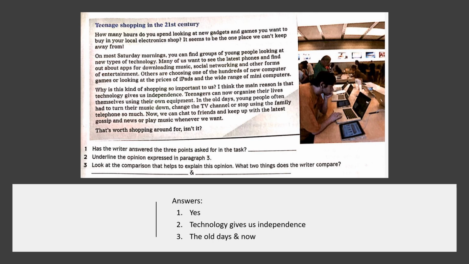And for number 2, the opinion expressed in paragraph 3 refers to: technology gives us independence. We can look at the words I think, which show that it is an opinion. Question number 3. The answer is the old days and now.